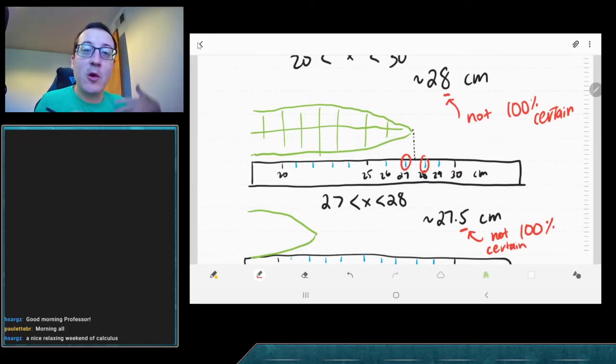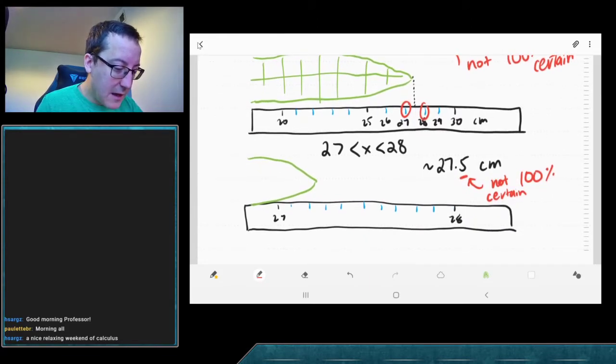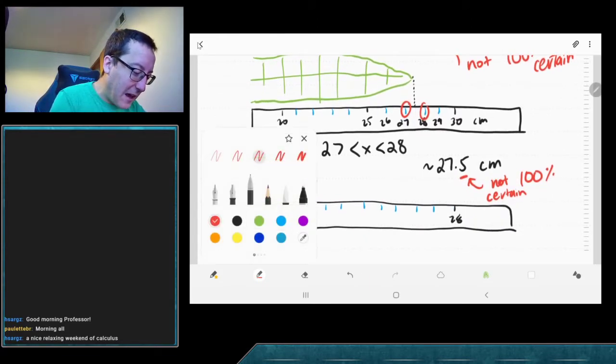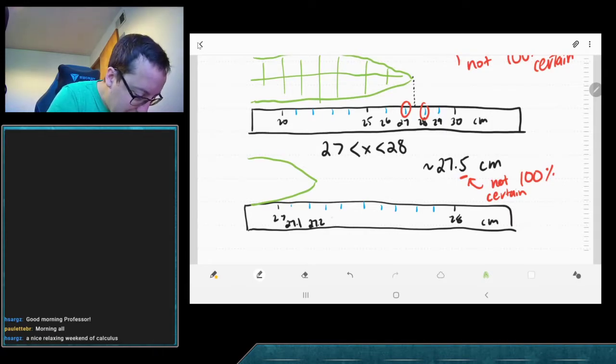And if we go one step further, going completely crazy on this, if we zoomed in again on our ruler, we're going to see that now I've got 27.1 and 27.2 and, I guess I'll need 27.3.